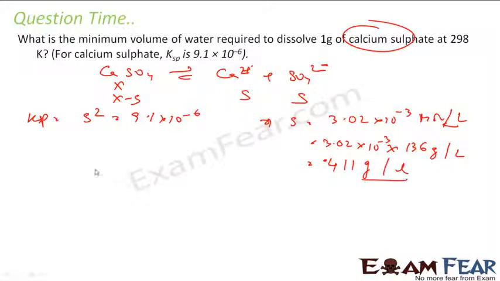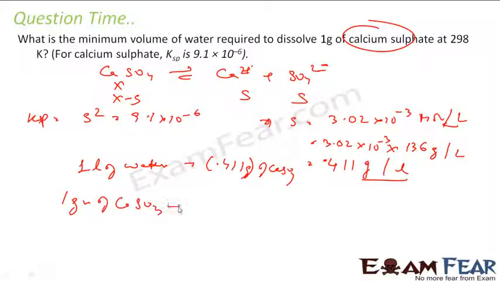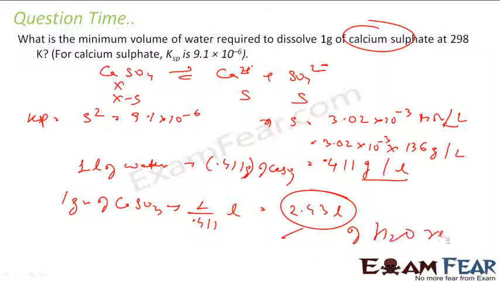That means 1 liter of water is required to dissolve 0.411 grams of CaSO4. To dissolve 1 gram of CaSO4, we need 1 by 0.411 liter, that is something like 2.43 liters. So 2.43 liters of water is required to dissolve 1 gram of calcium sulfate.